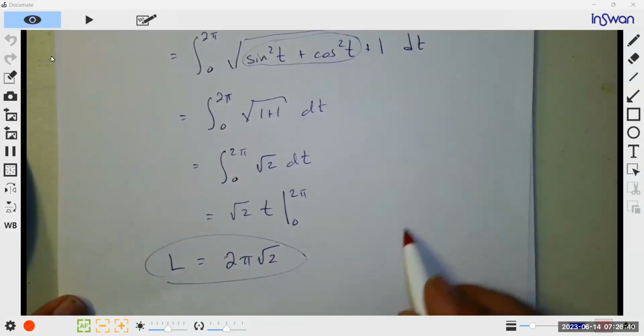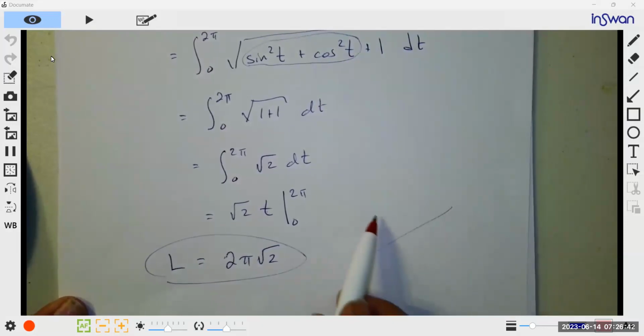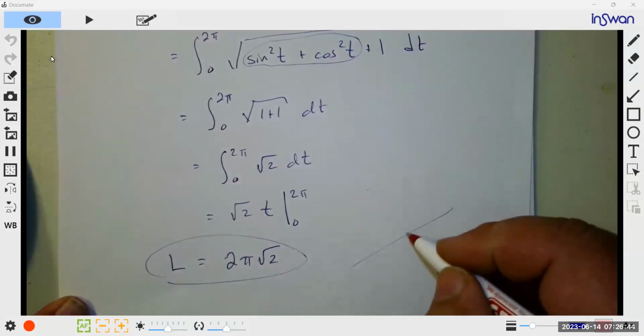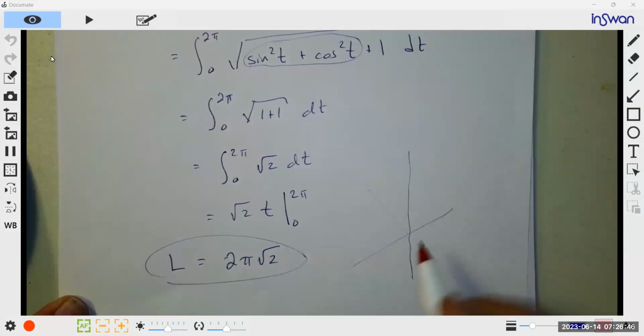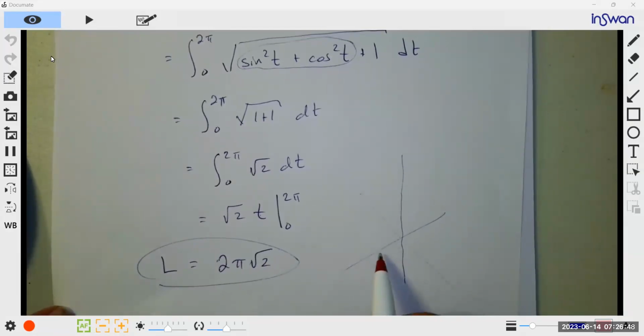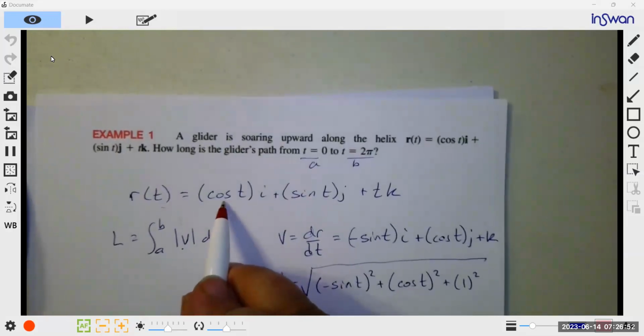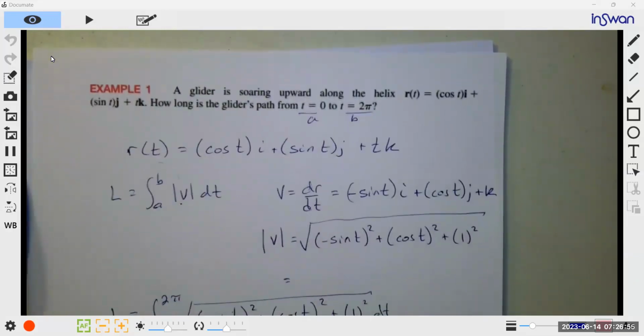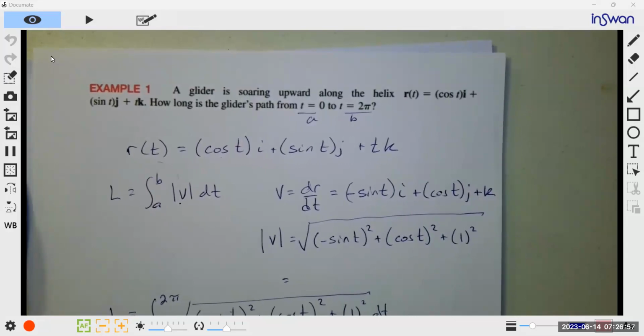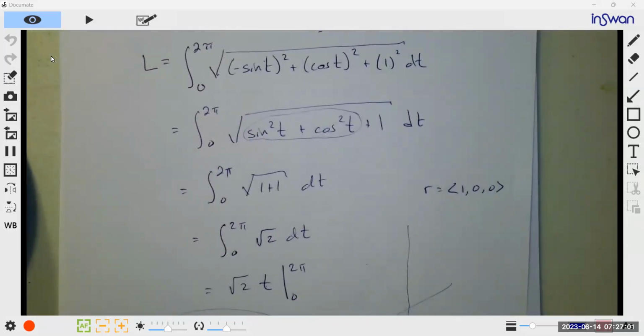Basically, all it's saying is here's our x, that's our y. So we're starting from t equals 0. This is our initial point, 1, 0, 0.